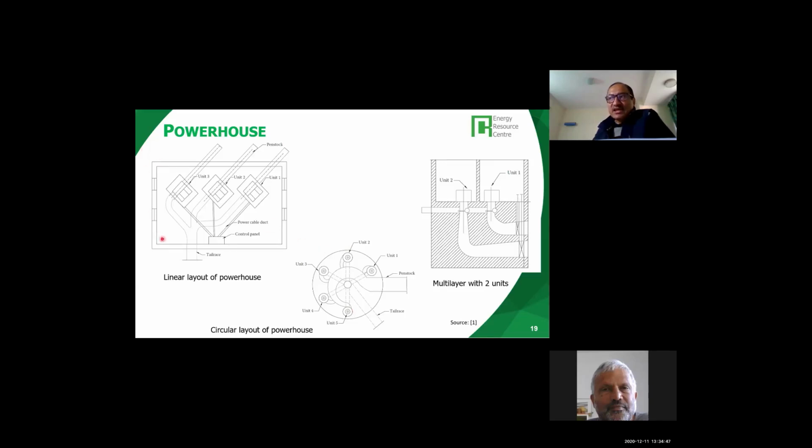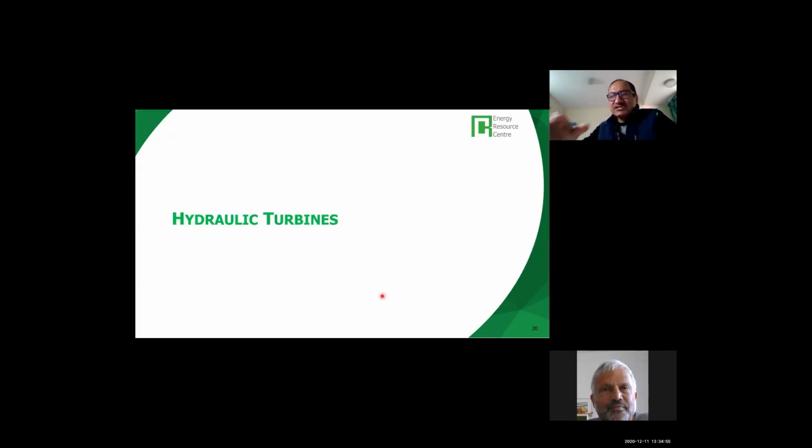Based on that, you have to decide on the dimension of the turbines. I will not go into the details of the turbine dimension, but now I would like to move to the important part of any hydropower design.